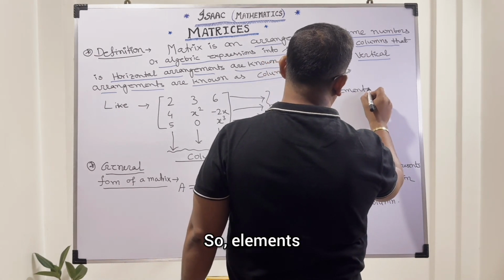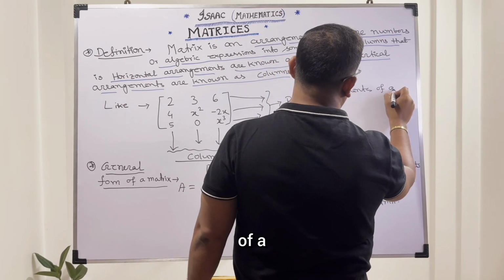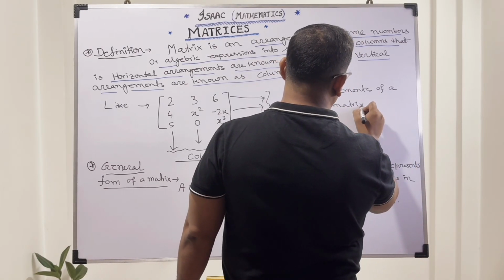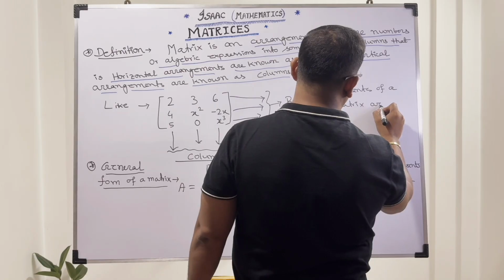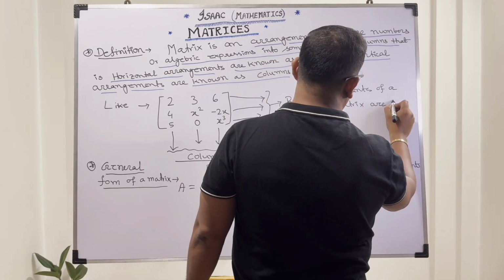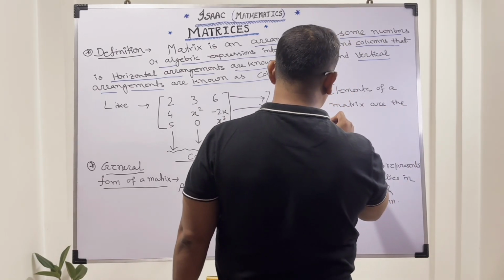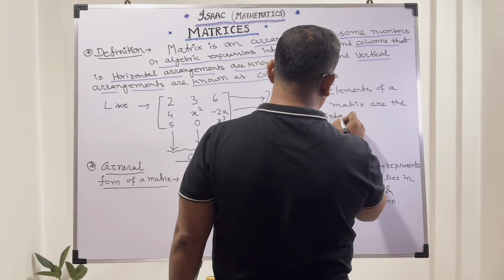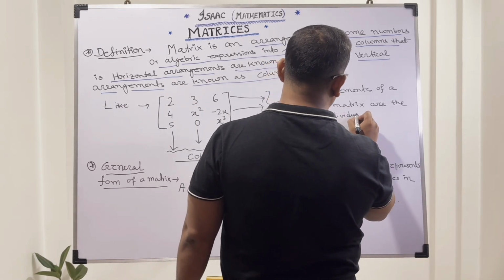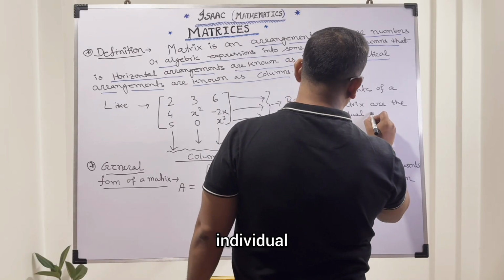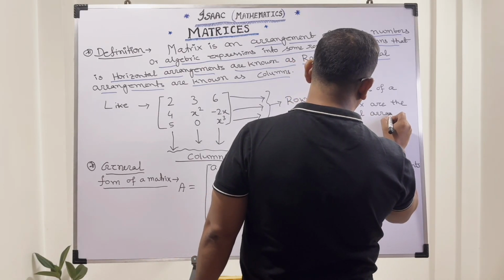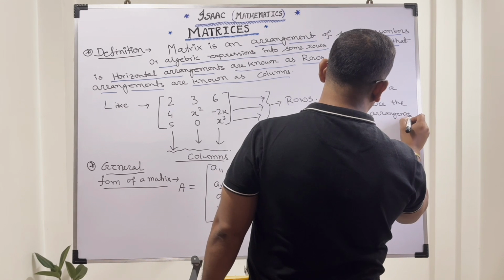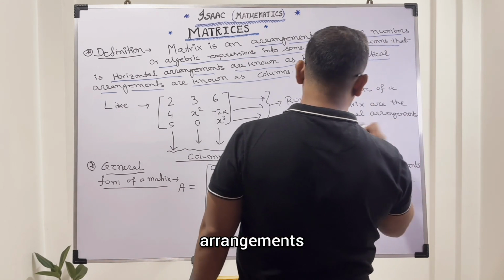So elements of a matrix are the individual arrangements.